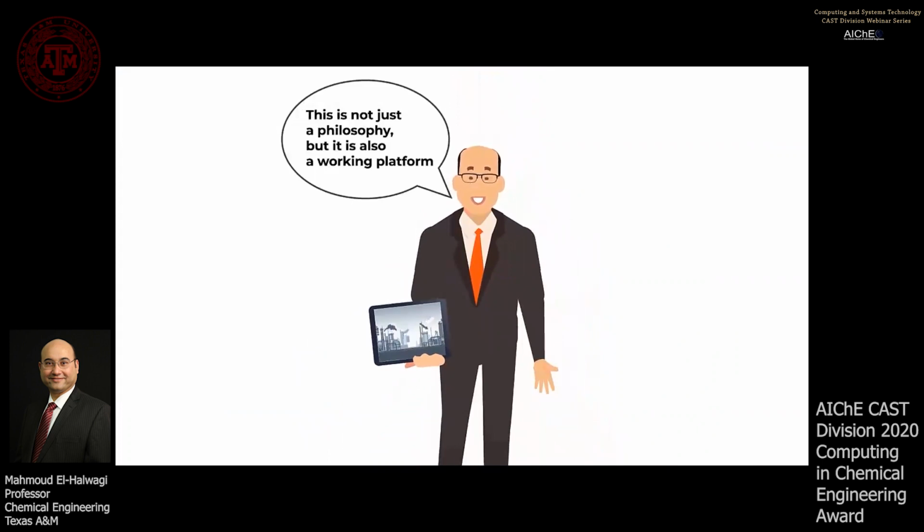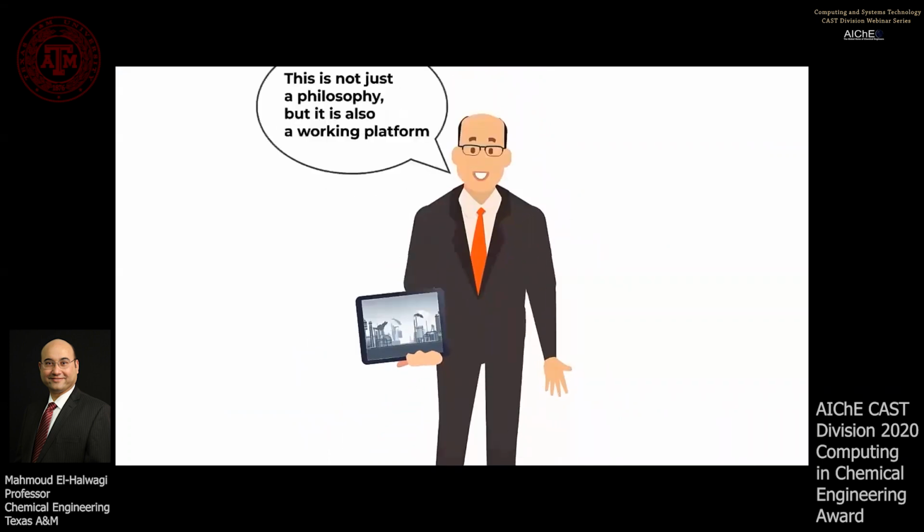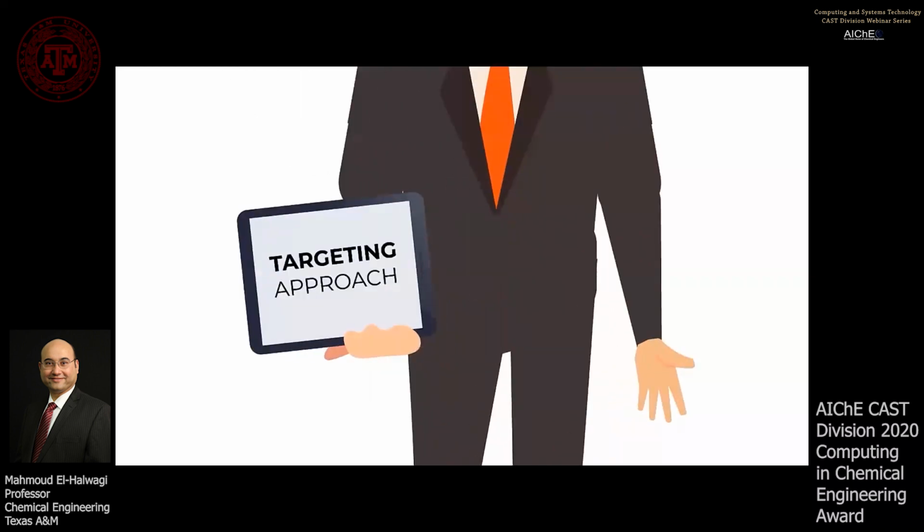This is not just a philosophy, but it is also a working platform, especially through the notion of targeting, which is the identification of performance benchmarks or standards of excellence a priori and ahead of detailed design.